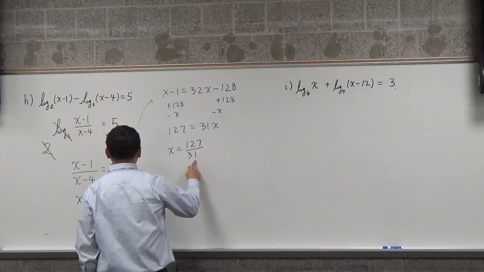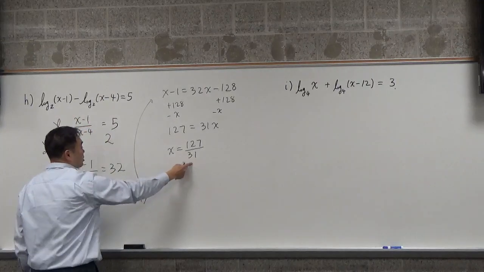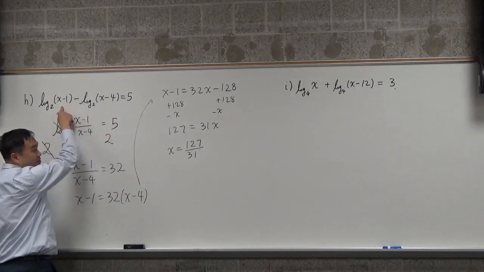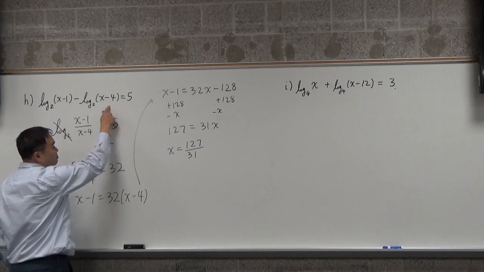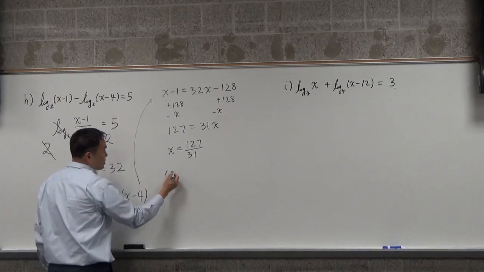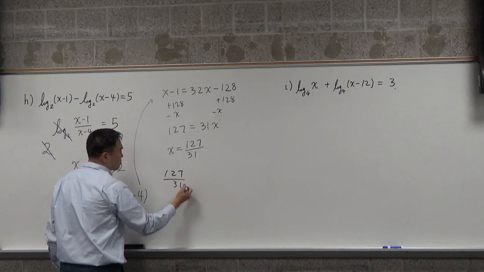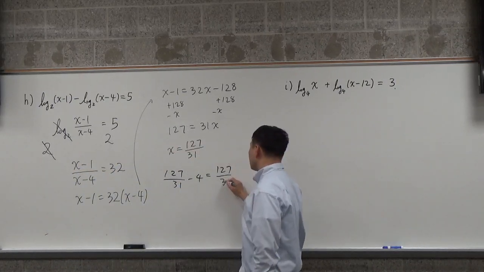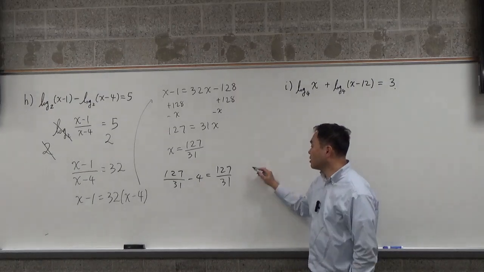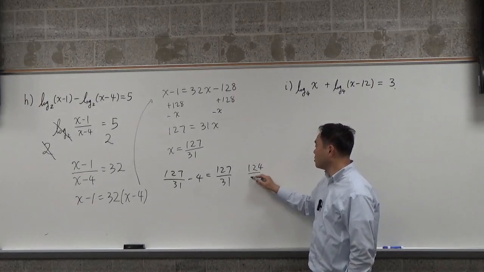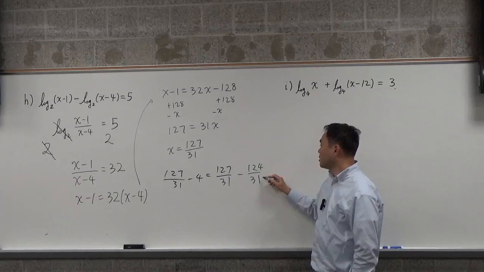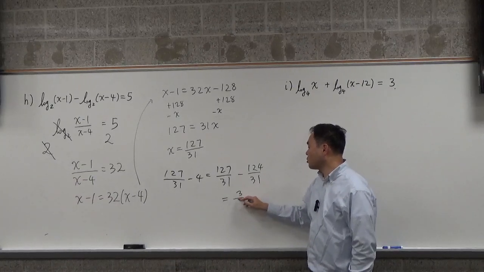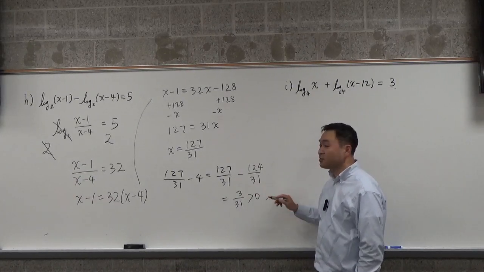However, if you actually plug this in, this is greater than 1 definitely, so that's fine. This is a bit worrisome, so let's see if that's okay. 127 over 31 minus 4 is 127 over 31. What's 31 times 4? That's 124 over 31. And that gives you 3 over 31, which is still positive.